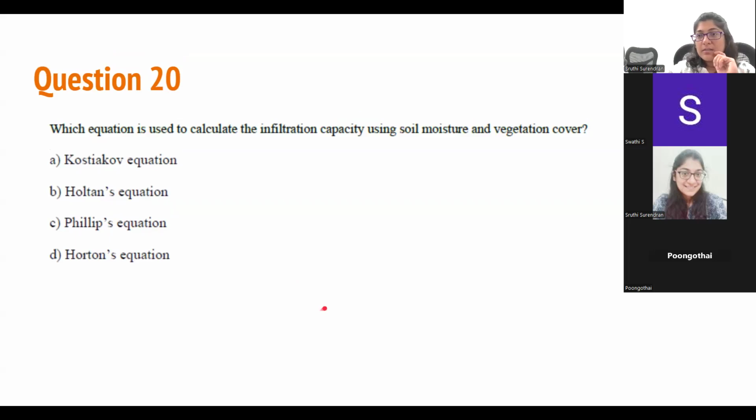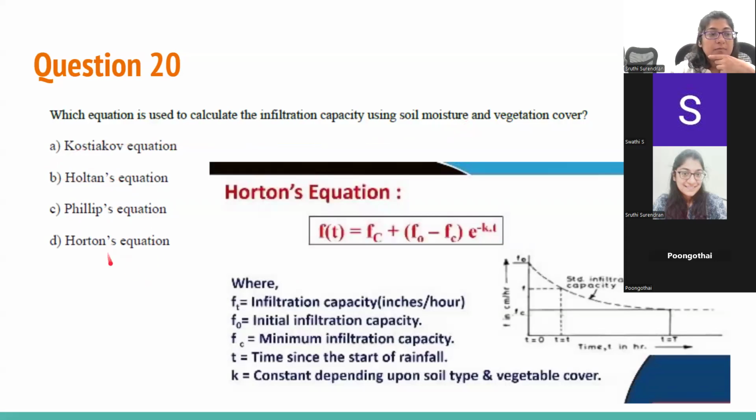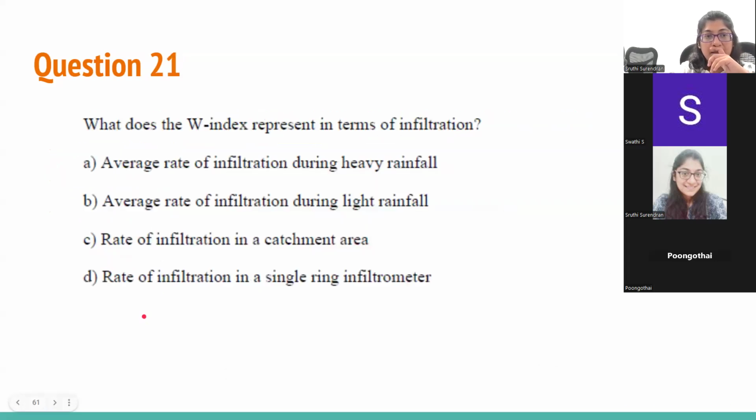Okay. So we just now talked about Horton's equation. If you see here, there's a constant K which is based on soil type and vegetation cover. So the correct answer for this question would be Horton's equation, option D itself.